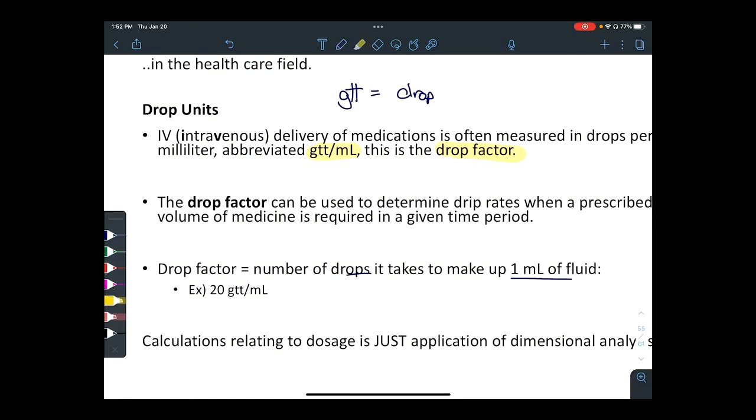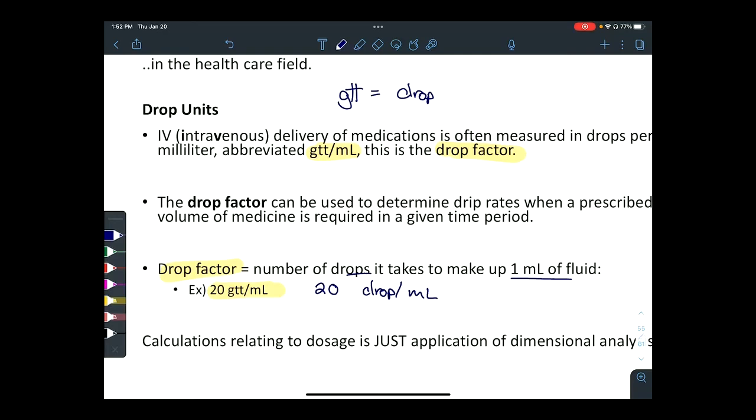So the drop factor oftentimes has this unit, GTT per milliliter. 20 GTT per milliliter means 20 drops per milliliter. That means if we had this certain IV bag and counted how many drops make up a milliliter, it would be 20. So just keep that in mind.